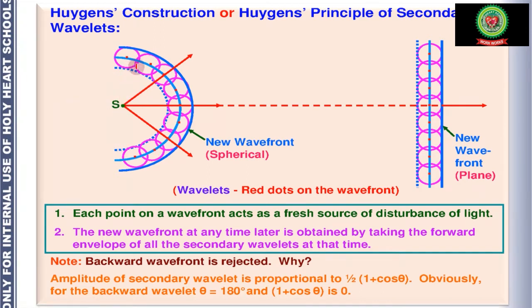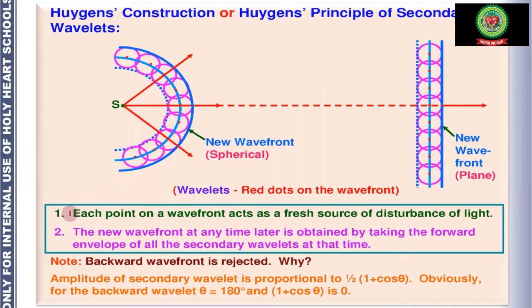So here we can see next is the new wavefront which originates from this point source S, and it travels throughout the medium and ultimately it gives rise to a plane wavefront because the source is very far away from the new wavefront. Then we call it a plane wavefront. So here red dots on the wavefront are the wavelets. These are the wavelets which give rise to the secondary wavelets.